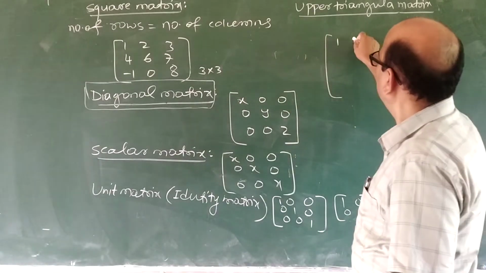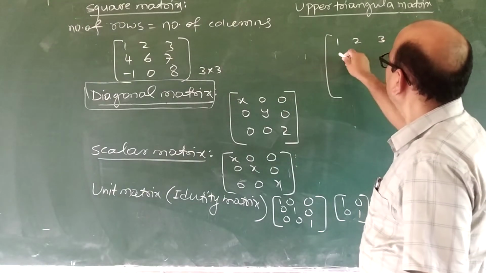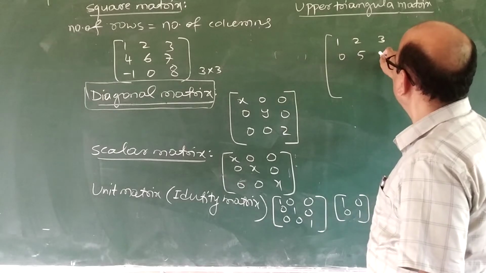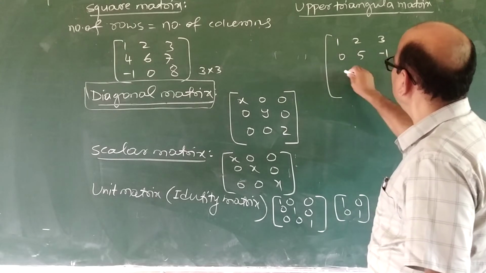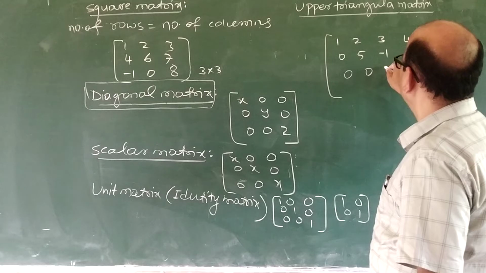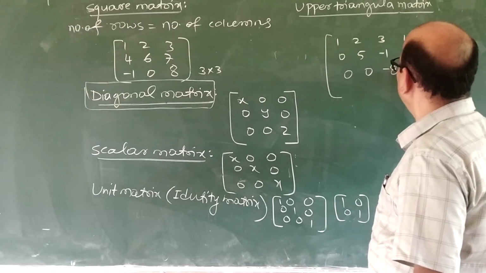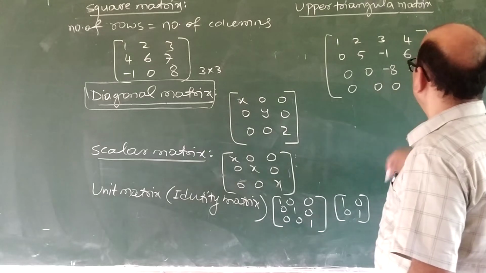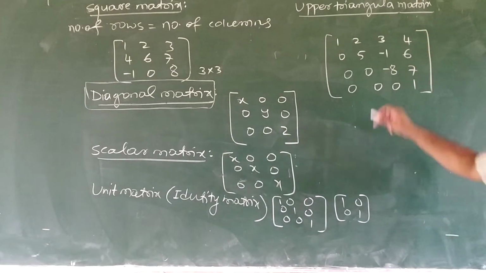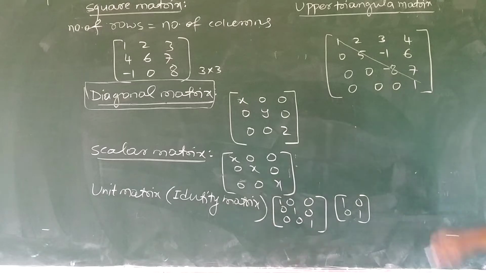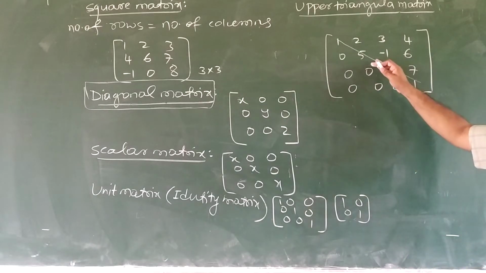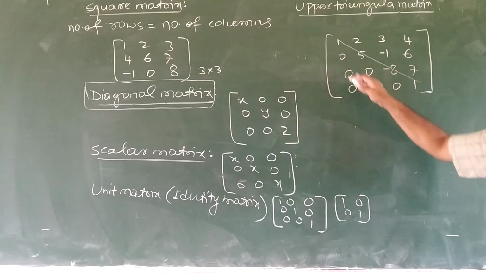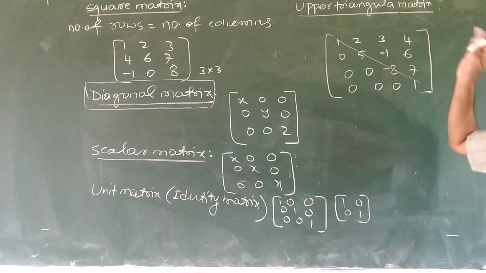I take here 1, 2, 3, 4, 0, 5, minus 1, 6, 0, 0, minus 8, 7, 0, 0, 0, 1. See now this matrix. Go through the principal diagonal. All the elements below the principal diagonal are zeros. It is called an upper triangular matrix.